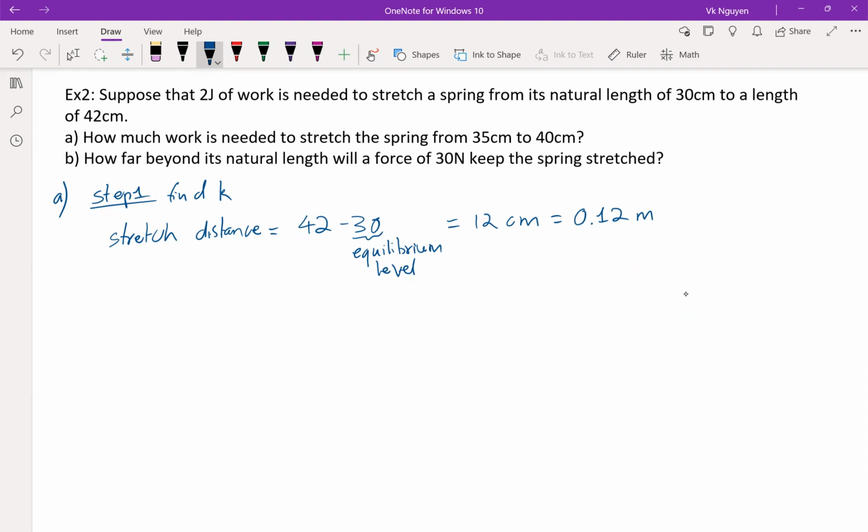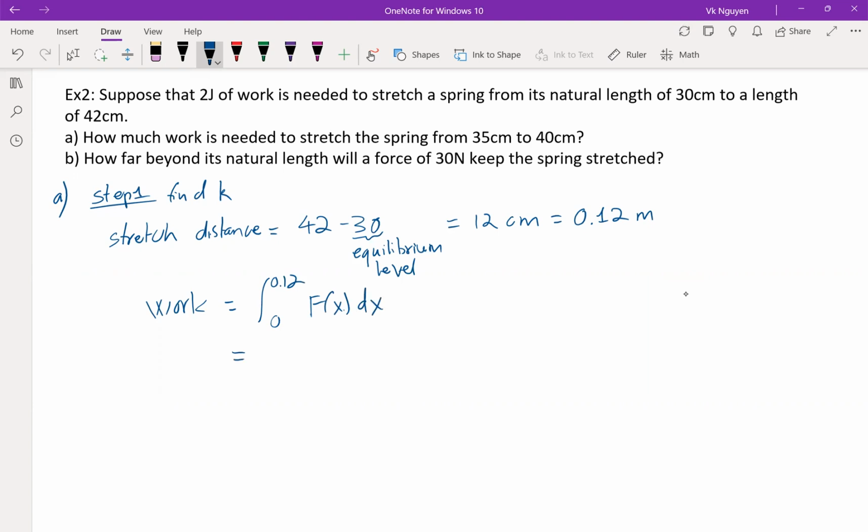So work is the integral from 0 to 0.12, because that is how far we stretch it beyond the equilibrium level, of F(x) dx.